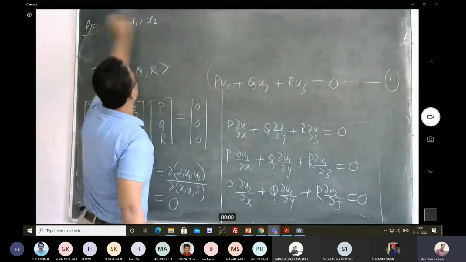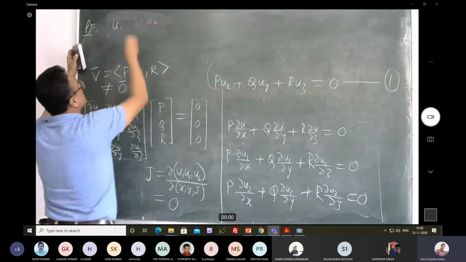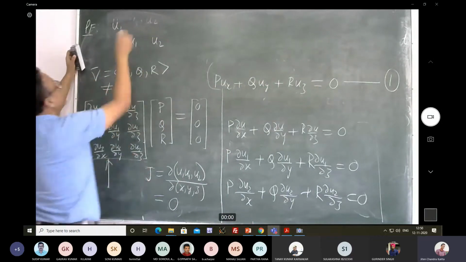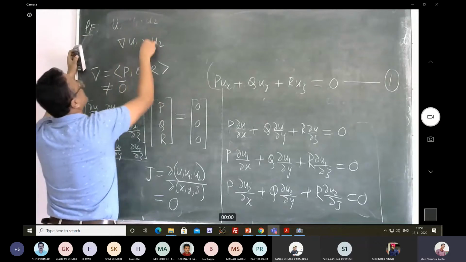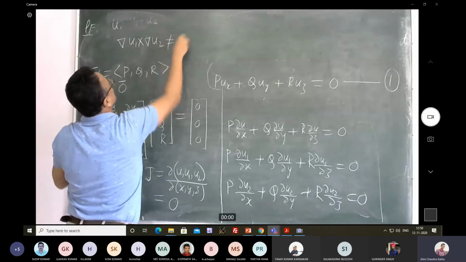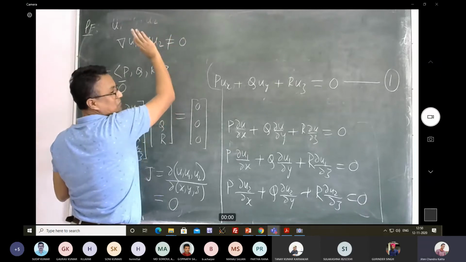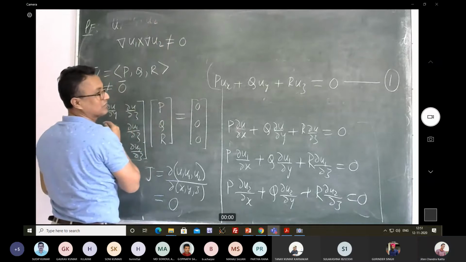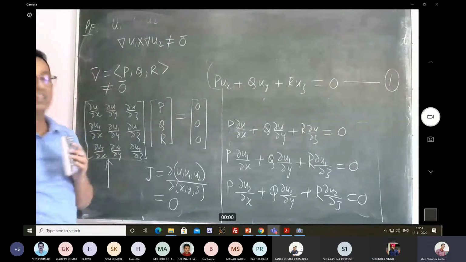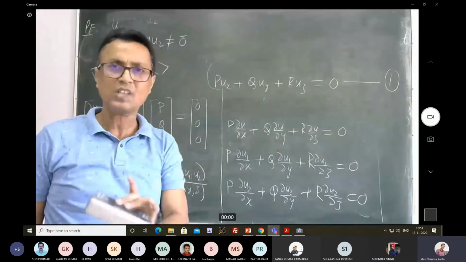Okay. Now let me come to another fact. I have been giving you u1 and u2 as two solutions in such a way that they are functionally independent, right? So far so good?